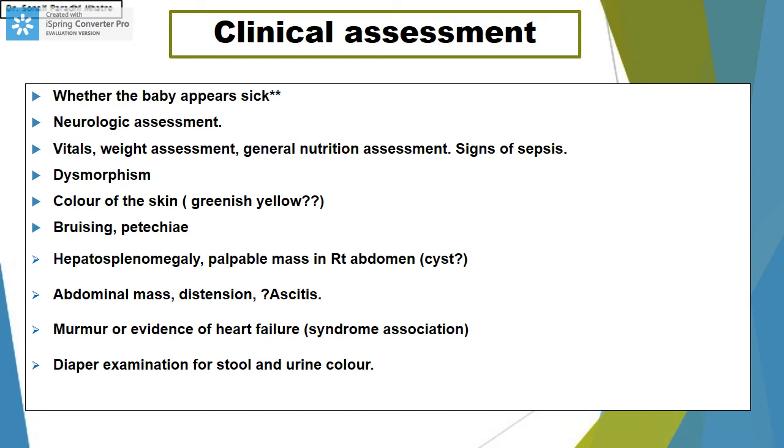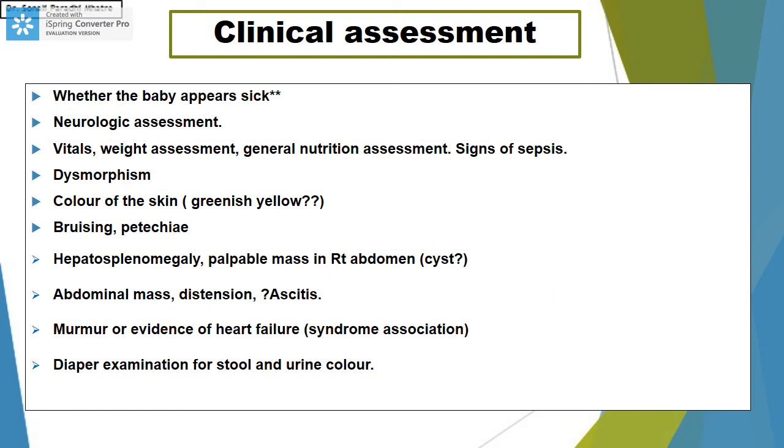Next comes the neurological assessment of the child. Specifically look whether the child is crying well, whether the child is arousable or non-arousable. Then comes the vital assessment, the weight assessment of the child, whether any weight loss is documented. The general nutritional assessment, whether the child has any signs of sepsis.